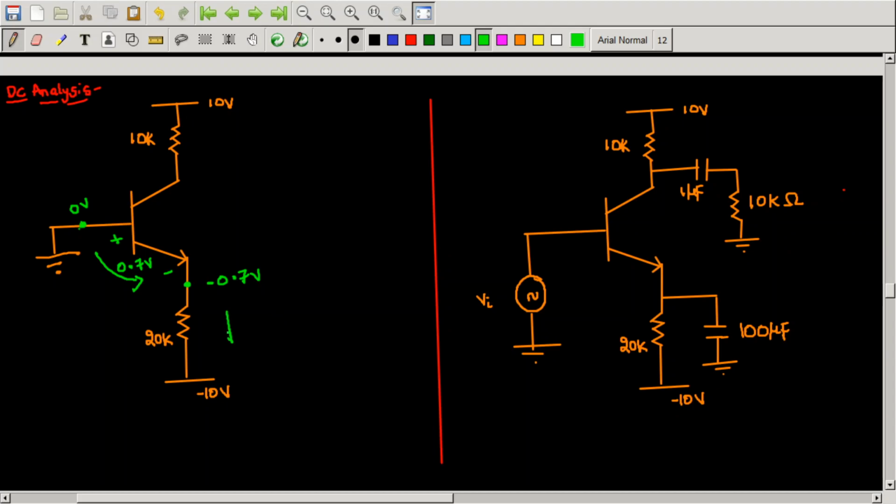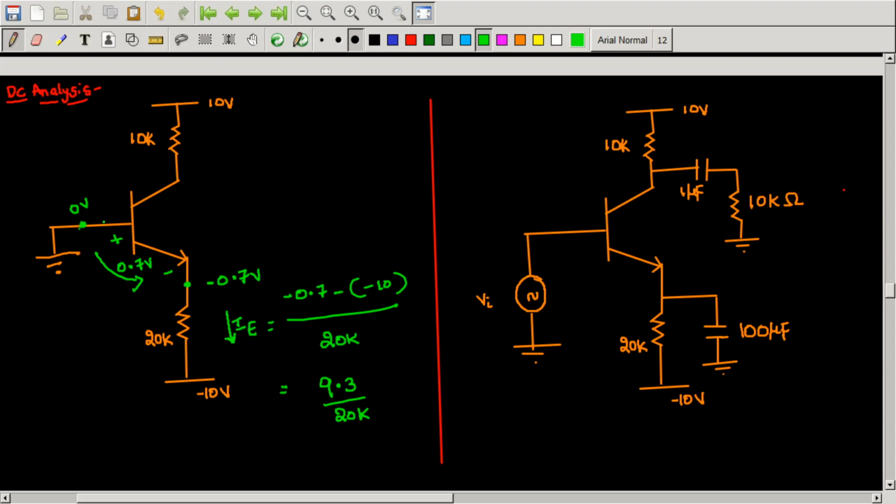Now what will be the current in this branch? You are going down. So minus 0.7 minus of minus 10 volts by 20k. So what is that? That is simply equal to 9.3 by 20k. This is your IE value, right?